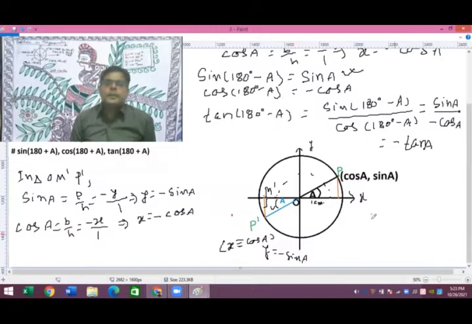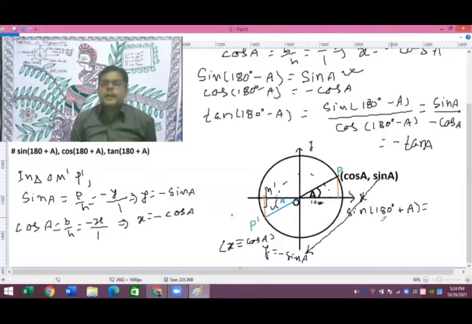So here in this case, for example, if I am finding sine of 180 degrees plus angle A, let's see what happens when it was A. In place of sine it was sin A, in place of the y coordinate it was sin A. Now this sin A has become negative sin A, you can say.